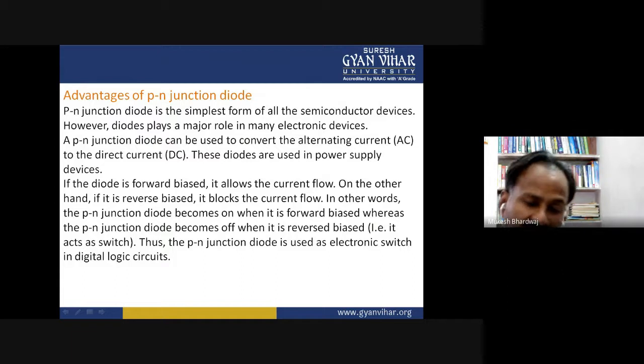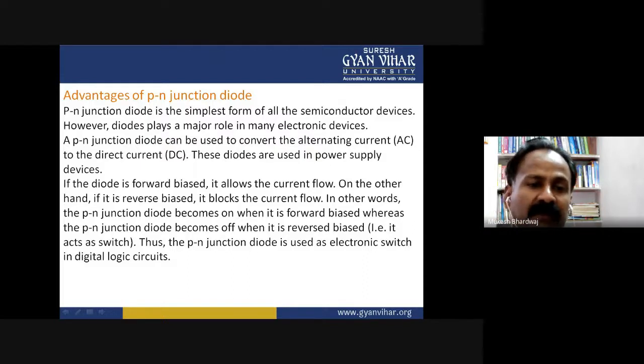The first half of the AC cycle is passed on and collected in the load resistance, while in the second half the AC cycle is stopped or blocked by the diode and the output drops to zero. These diodes are used in power supply devices.